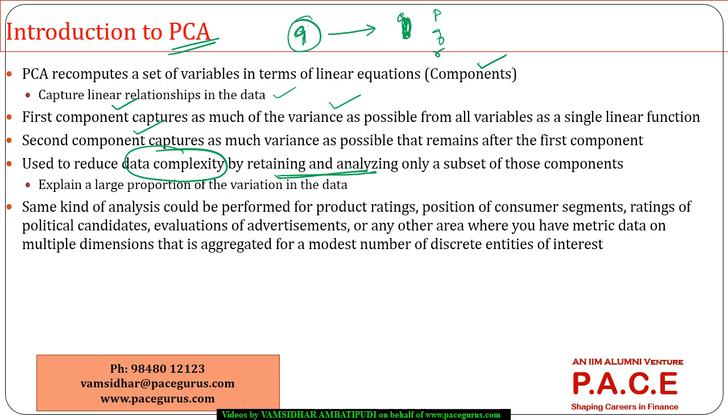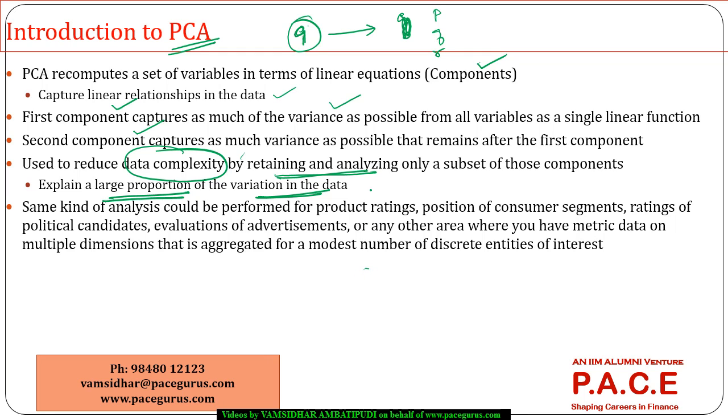Only a subset of those components is typically used, but the overall variation is retained to a much larger extent. These few selected components will explain a large proportion of the variation present in my data. That is one of the major advantages of using principal component analysis.